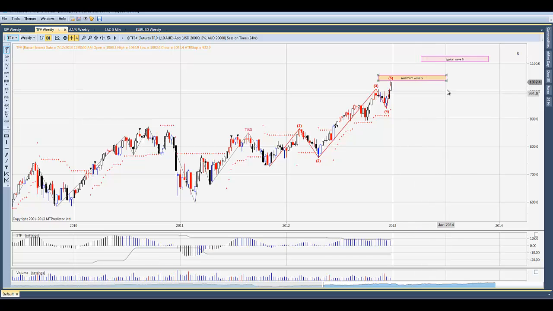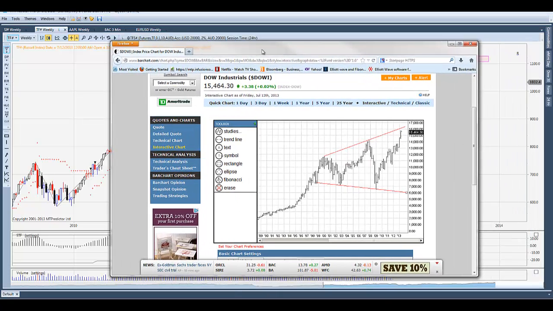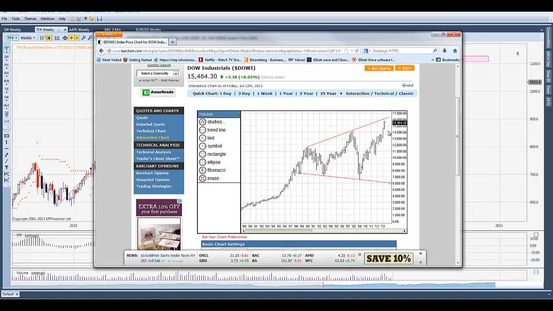The other thing that I've pointed out before, courtesy of barchart.com, is this chart here of the Dow that I just drew up. This is a 25-year pattern that has been forming. It's a kind of megaphone broadening pattern. In terms of technical analysis, it's a potential topping pattern. And you can see the top trend line.